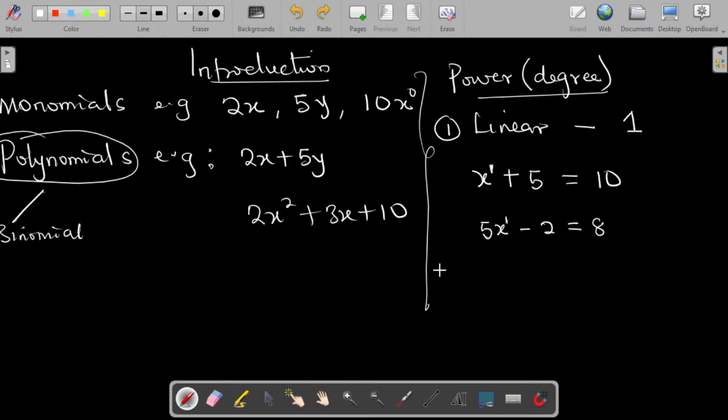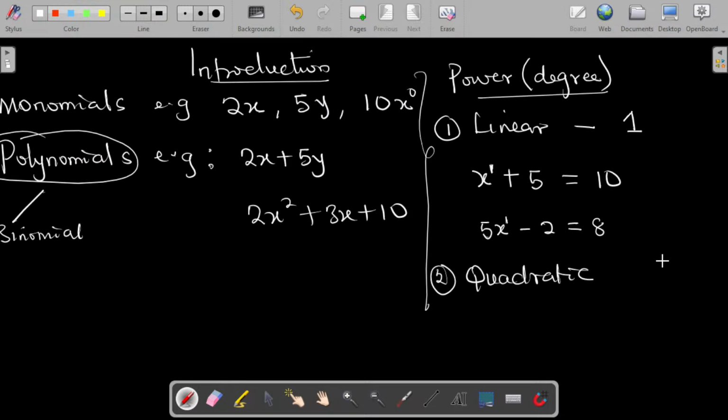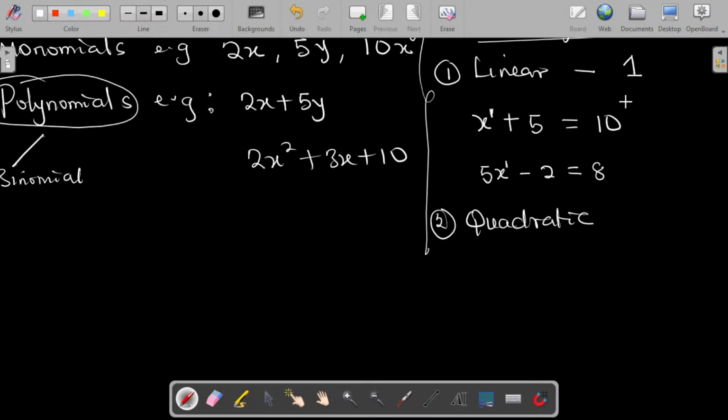Now the second one, which is where we are going, is quadratic equations. So these are now equations that have the highest power of the variable to be 2. The highest power is the degree. When it is 2, then you say that that equation is a quadratic equation.